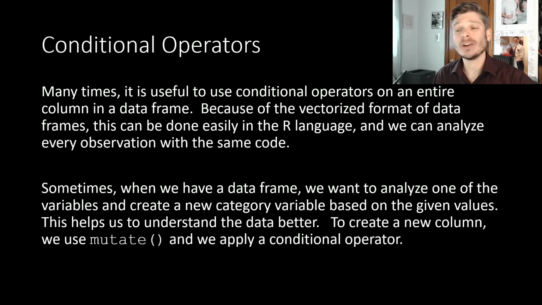We're going to go through an example in just a second, but think about it like if you were sorting colleges and you had the number of students enrolled in each college. Well, that's useful, but maybe you want to break it down to the small colleges, the mid colleges, and the large colleges. And what's really nice is with one line of code, we're going to be able to create a brand new column in our data frame that has that information for us.